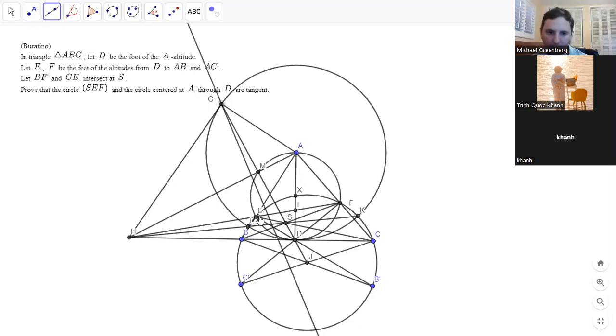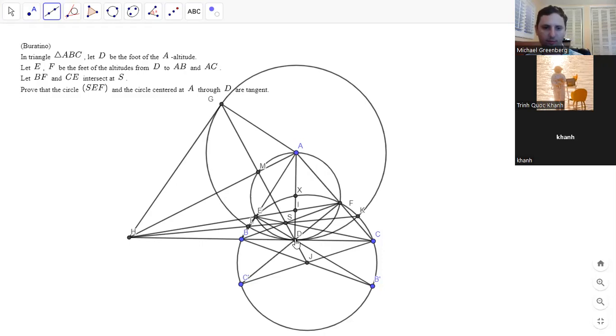It would be a little tricky to draw. I don't think these concur. No, there's no way that concurs. But basically, the homothety would take S to D, right?